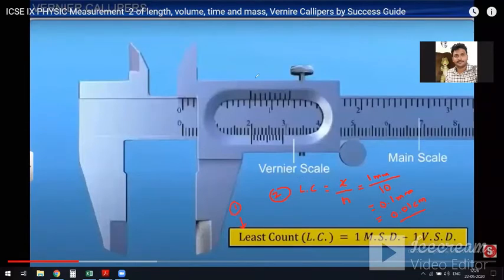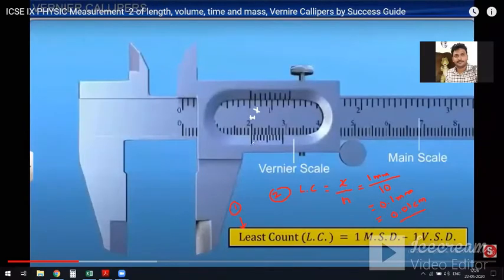Now let me represent your x and n here. This value, the distance between two divisions on main scale, is actually x. This length is called x.